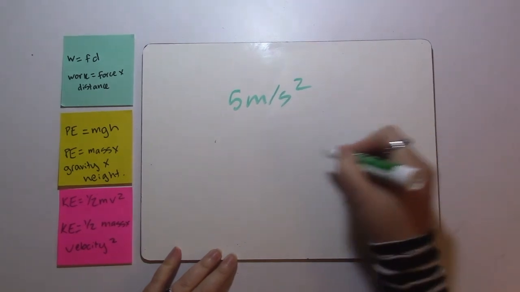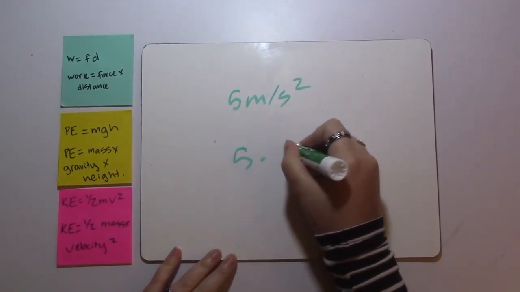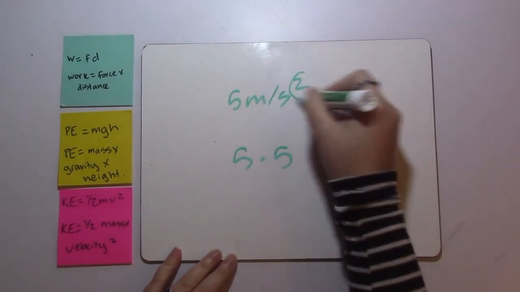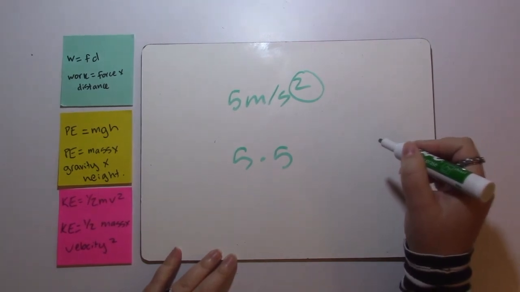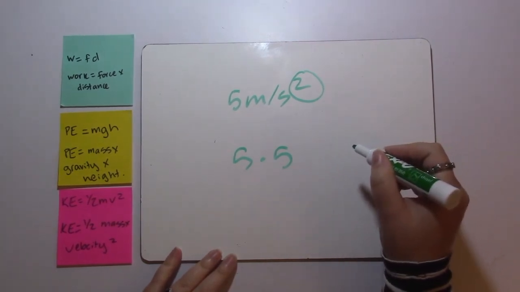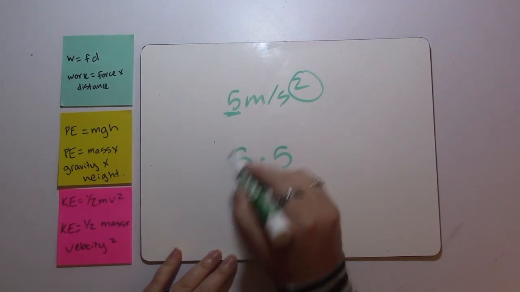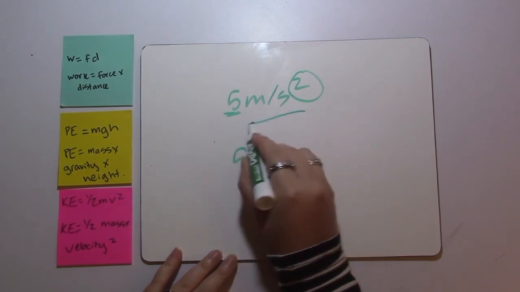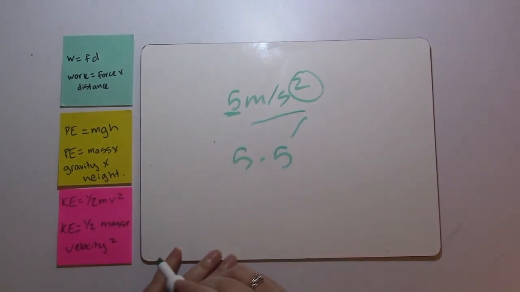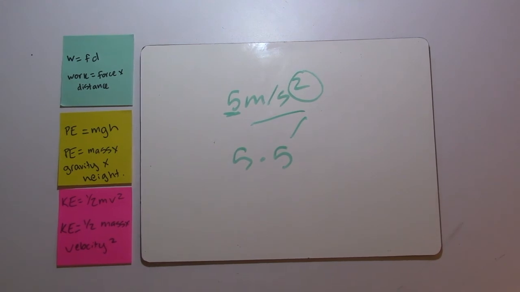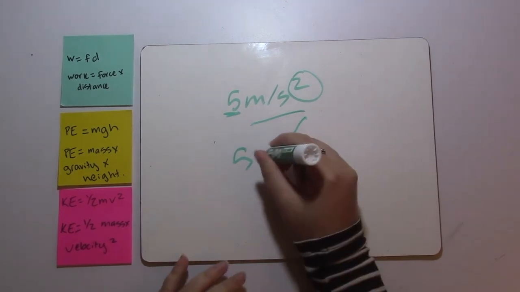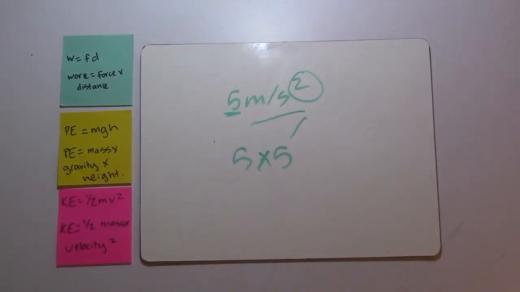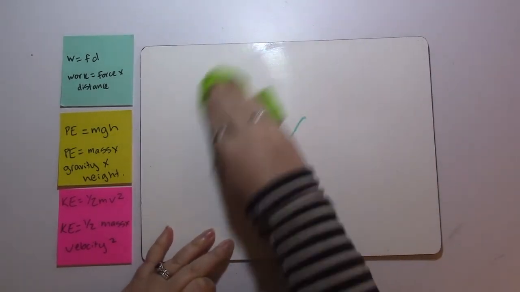If I want to square it, I would multiply 5 times 5. I think of it as whatever this exponent is, that's how many times I multiply the value, so the number we have, by itself. So since there's 2, I multiply 5 times 5 to get 5 squared. A dot can sometimes also be used as a multiplication symbol.